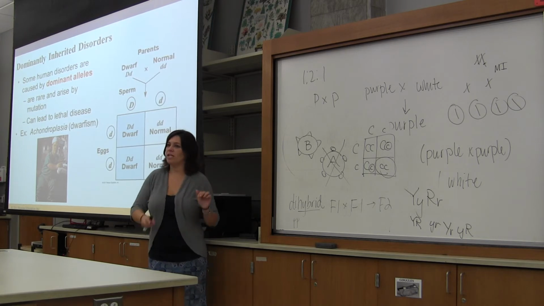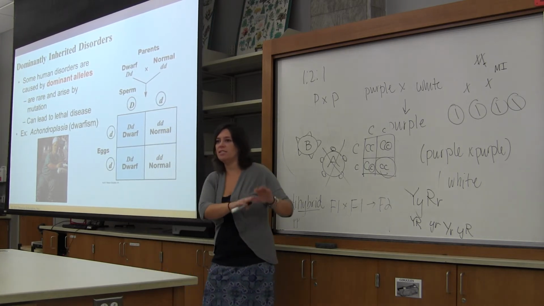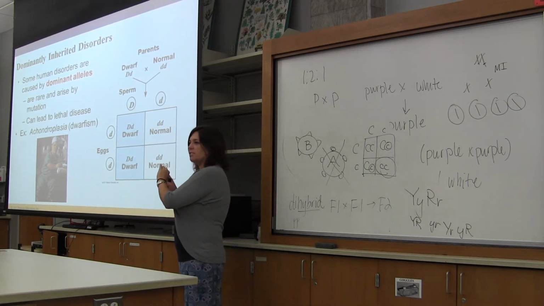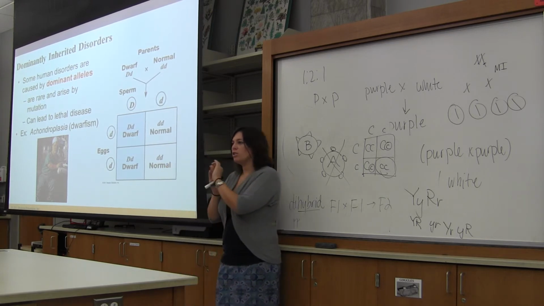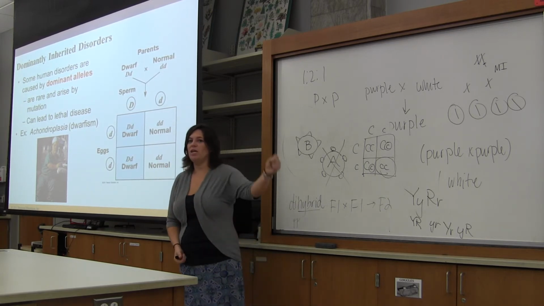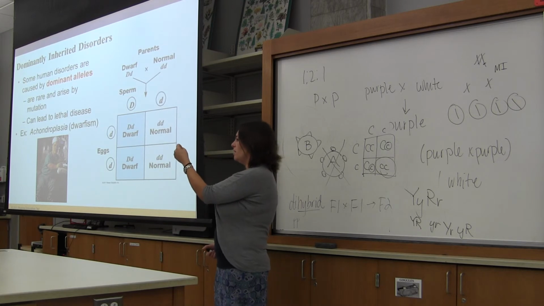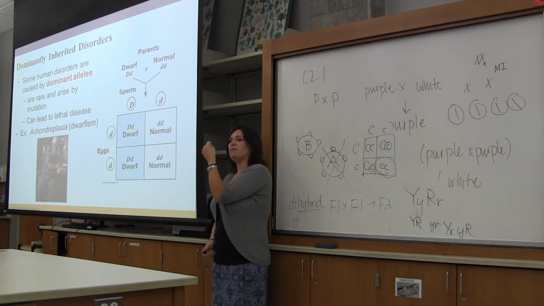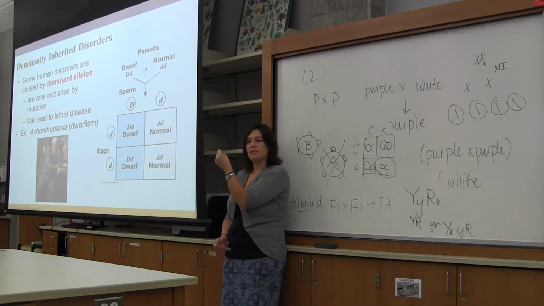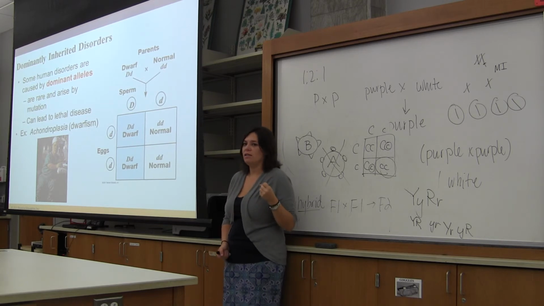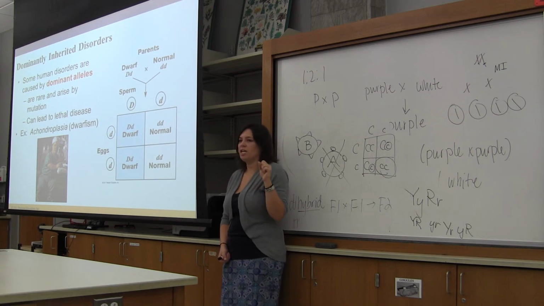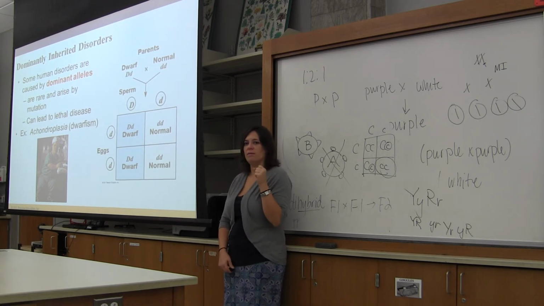So do y'all see the difference between recessively inherited diseases and dominantly inherited diseases? So dominantly inherited diseases, you only need 1 copy of that defective gene in order to see the disease. In recessively inherited diseases, you need to see 2 copies of that mutated gene in order to see the phenotype.